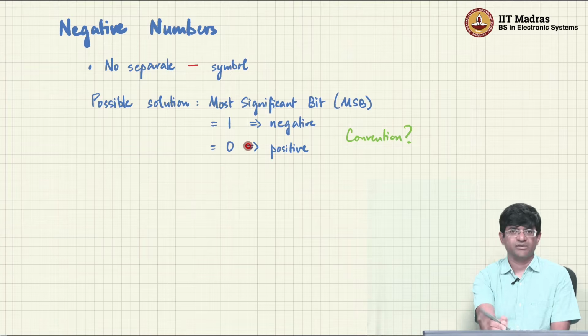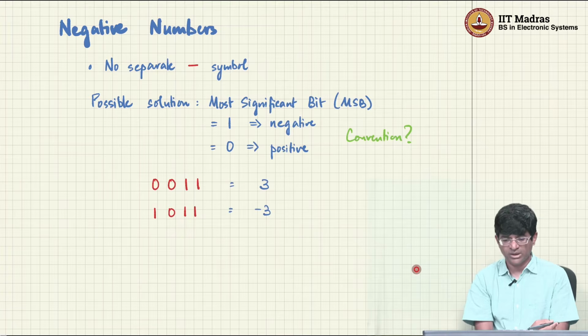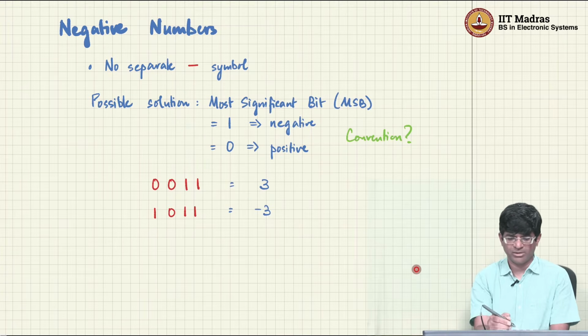In other words, I use the convention of location. The most significant bit, I treat it as a minus sign rather than as a place value. Does this work? Yes, I can of course represent numbers this way.